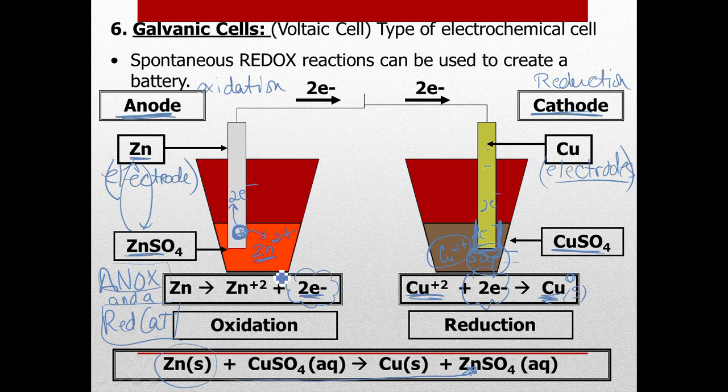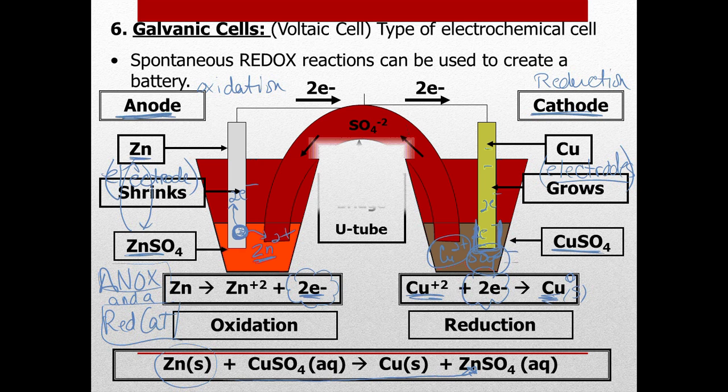Well, we use something called a salt bridge or a U-tube, and it's filled with a salt solution. Now, salt solutions have positive and negative ions in them. You get a nice circuit of charge here. The negative electrons go in that direction. And once the negative electrons get here, I'm too negative over here. So what do I have to send back to the other side? Negative ions.